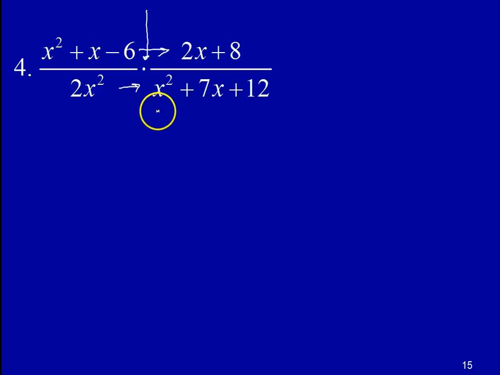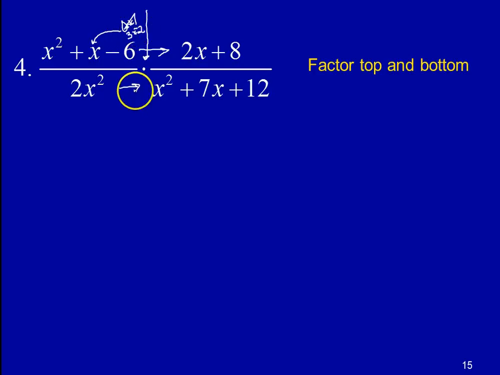So all I need to do is factor and simplify. So x squared plus x minus 6. What multiplies to negative 6: 6 times 1, 3 times 2, and adds to 1? A positive 3 and a negative 2. So (x + 3)(x - 2).